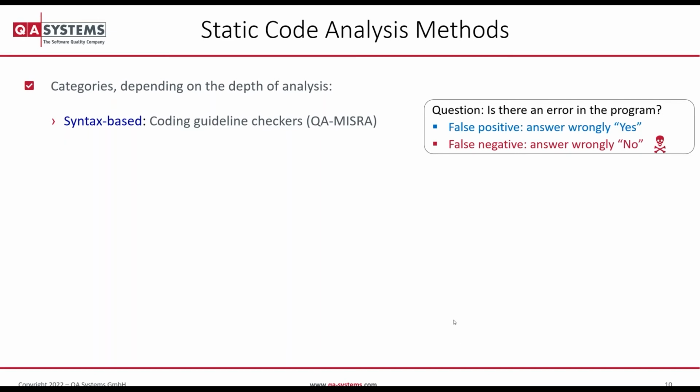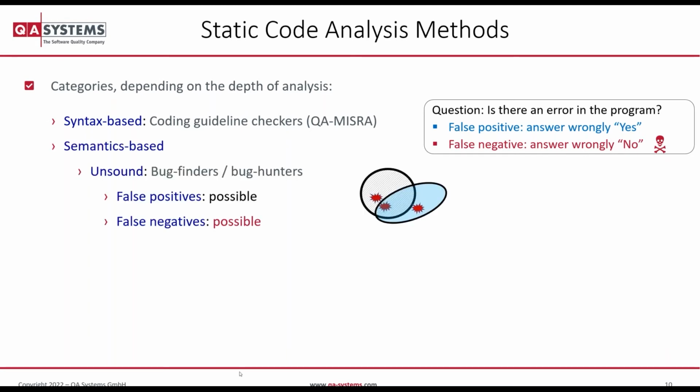There is also a question of how many false positives or how many false negatives you have when you use such code inspection or static code analysis tools. If you have too many false positives, then the effort you need to spend to figure out the real ones is quite high. So it's not very efficient. On the other side, if you have too many false negatives, you miss a lot of errors. You miss a lot of problems, and that's also not very positive.